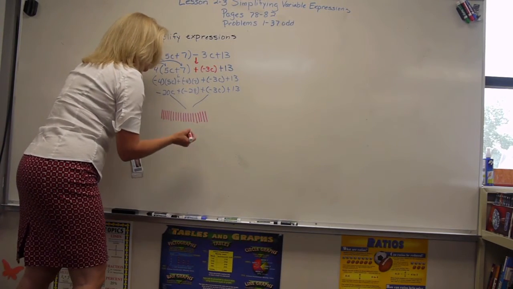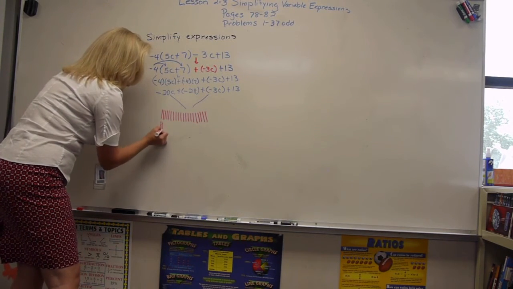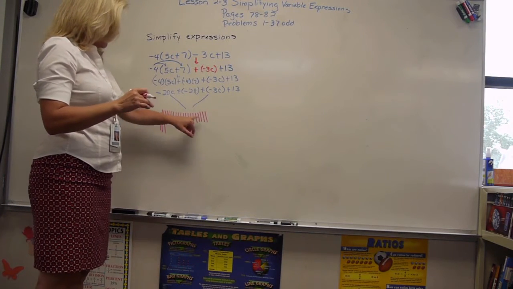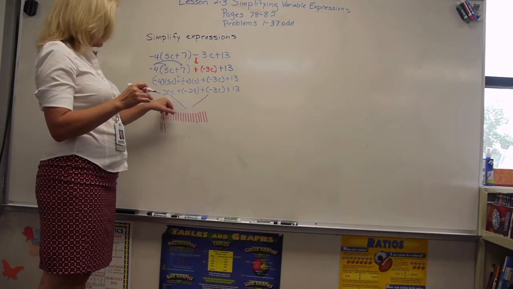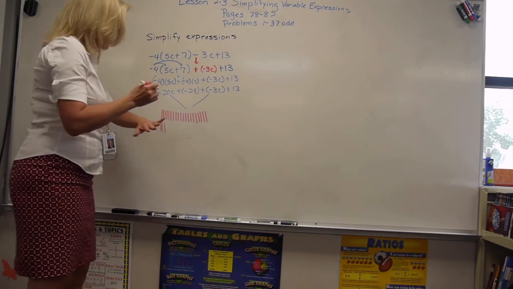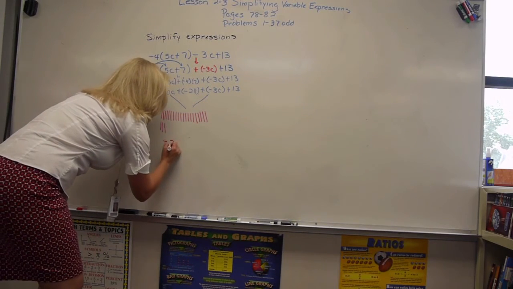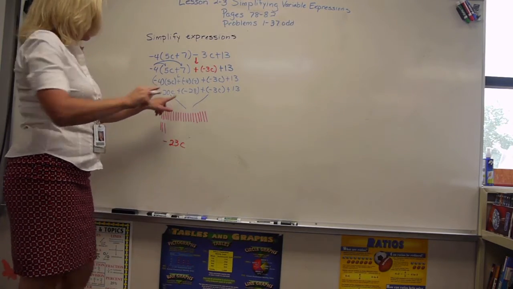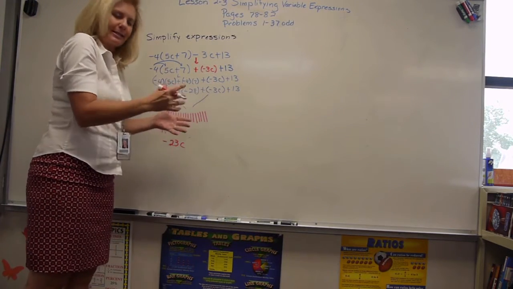And when I see the negative 3c's, I see 1, 2, 3. They're all the long bars. Well, when I pull those two together, negative 20c plus negative 3c, they're all red. I have negative 23c. Done with that, because my constants look different.